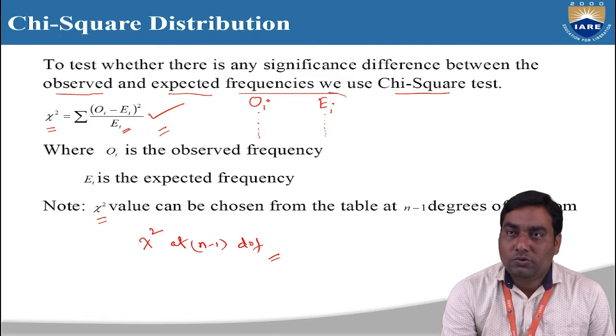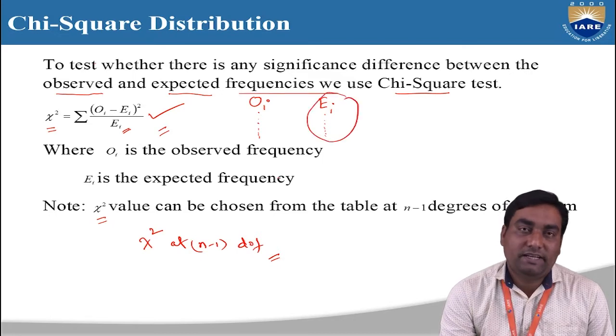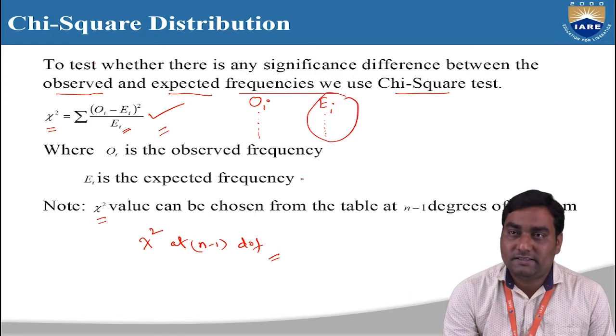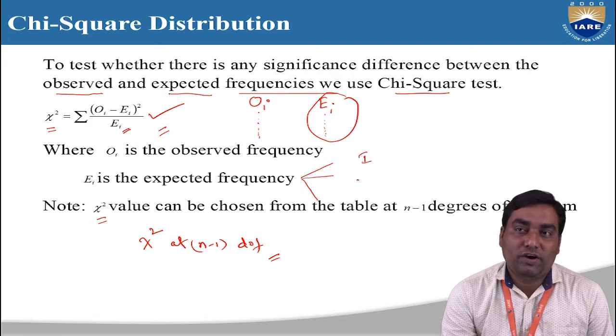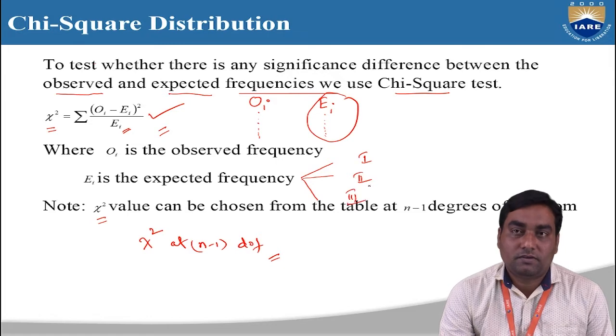Now, how to get these expected frequencies? In this chi-square distribution, there are 3 methods to find expected frequencies: method 1, method 2 and method 3.